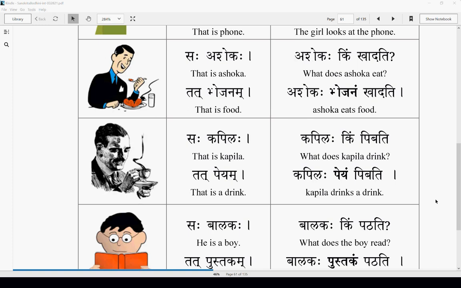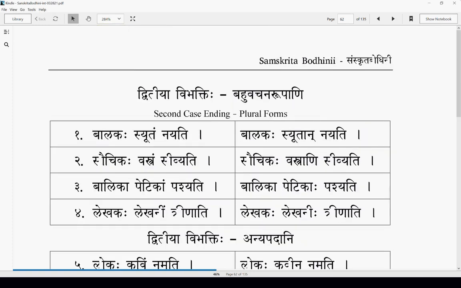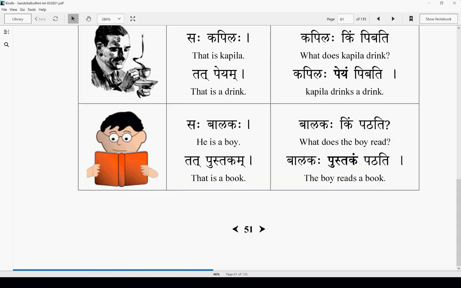Saha Kapilaha tat peyam. Kapilaha kim pibati? Kapilaha peyam pibati. So here also Peyam, what is the lingam of Peyam? Napumsakalinga. Tat peyam. So it means same. Tat Kapilaha peyam pibati. Okay, next. Saha Balakaha tat pustakam.